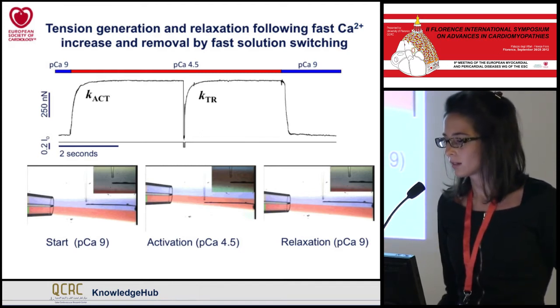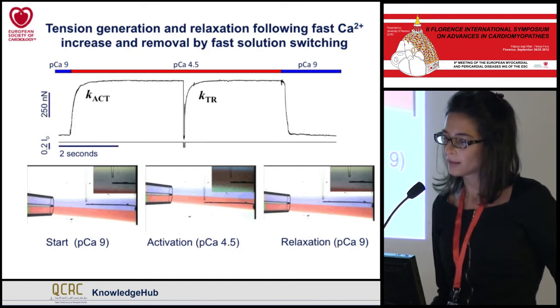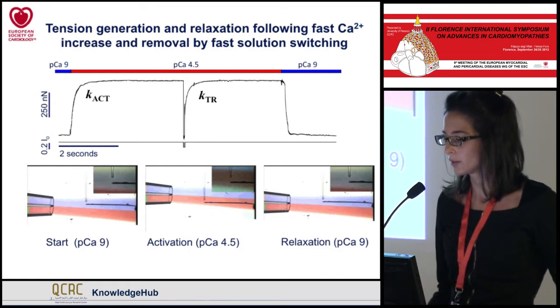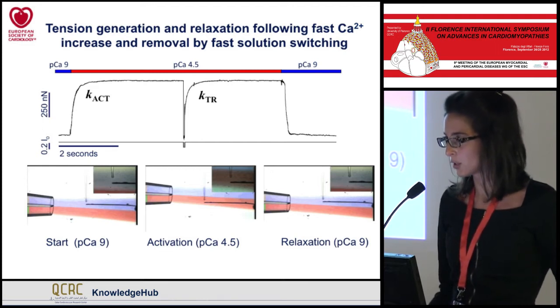A similar constant is KTR, that describes the rise of tension after a quick mechanical perturbation. The third part of the experiment is again a quick movement of the injection pipette, so that the myofibril is again perfused with a relaxing solution, and we can observe the relaxation phase.